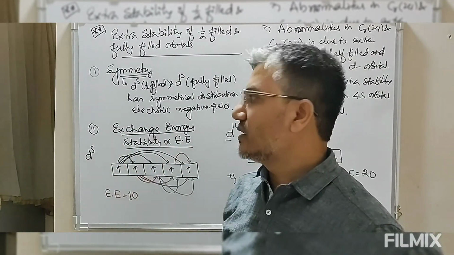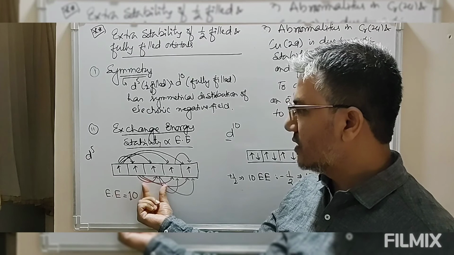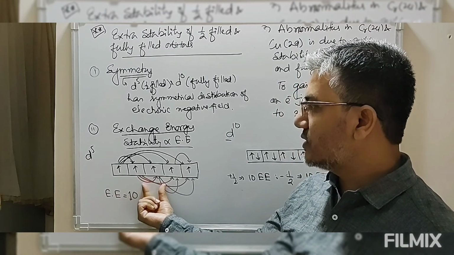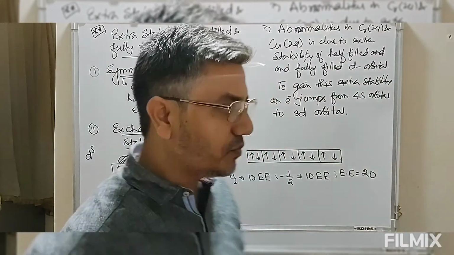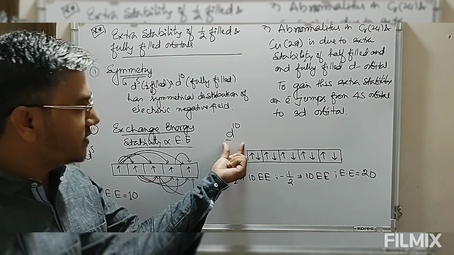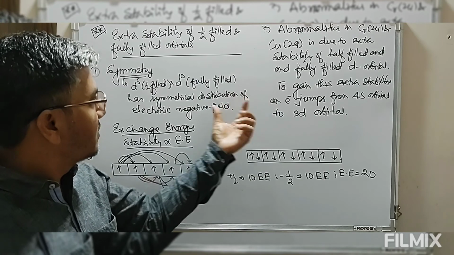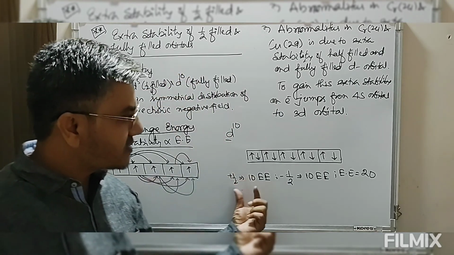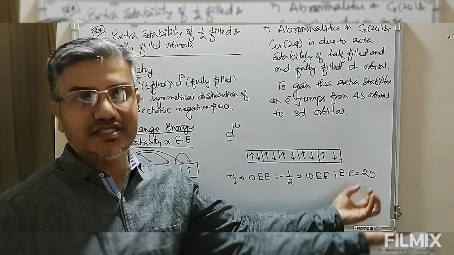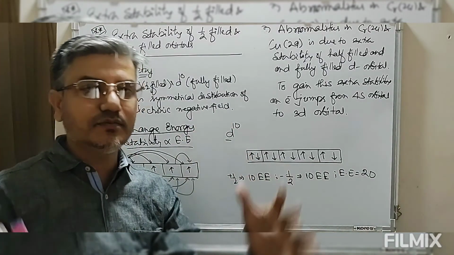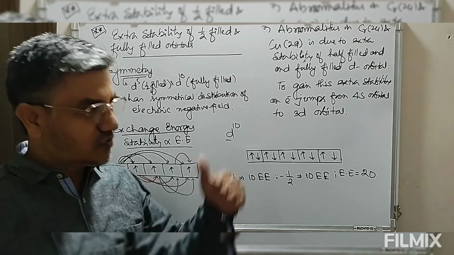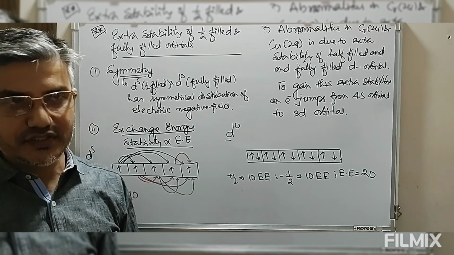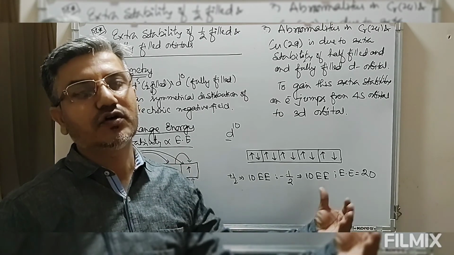By doing this, chromium gains extra stable d5 due to exchange energy and symmetrical distribution of electrons, and copper also gains extra stable d10 configuration having symmetrical distribution as well as 20 exchange energy terms. This is the meaning of the extra stability of half filled and fully filled atomic orbitals. So this is all about electronic configuration and some abnormalities in electronic configuration.